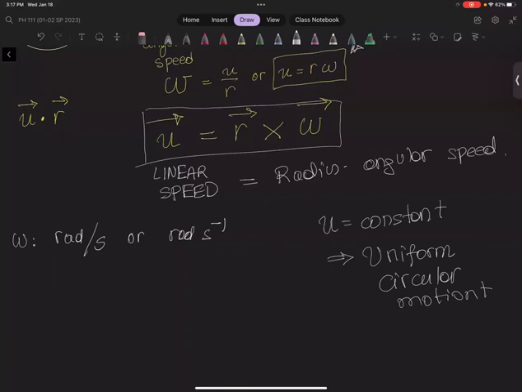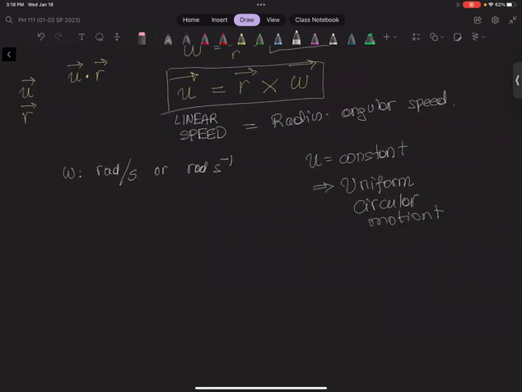Absolutely not. If my U changes, my omega will change also. You with me, guys? It doesn't matter. This is a generic link, not constrained to uniform circular motion. It can be non-uniform circular motion.